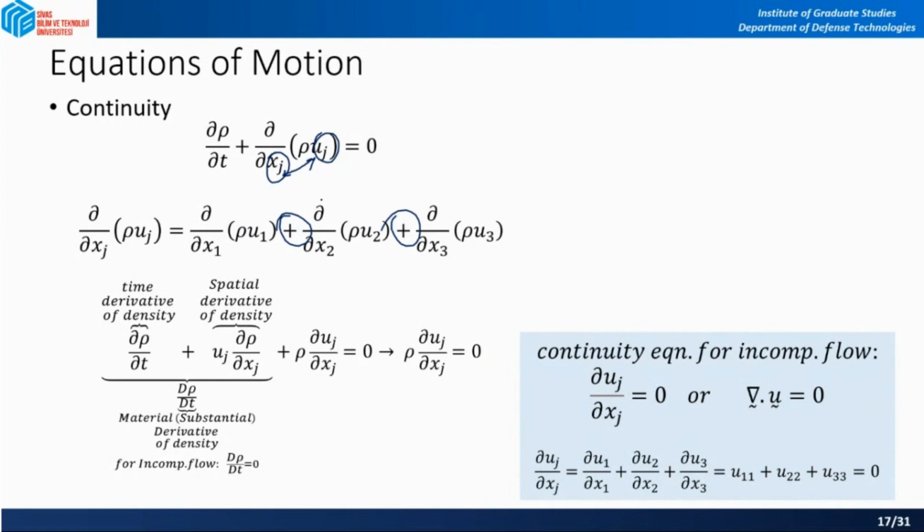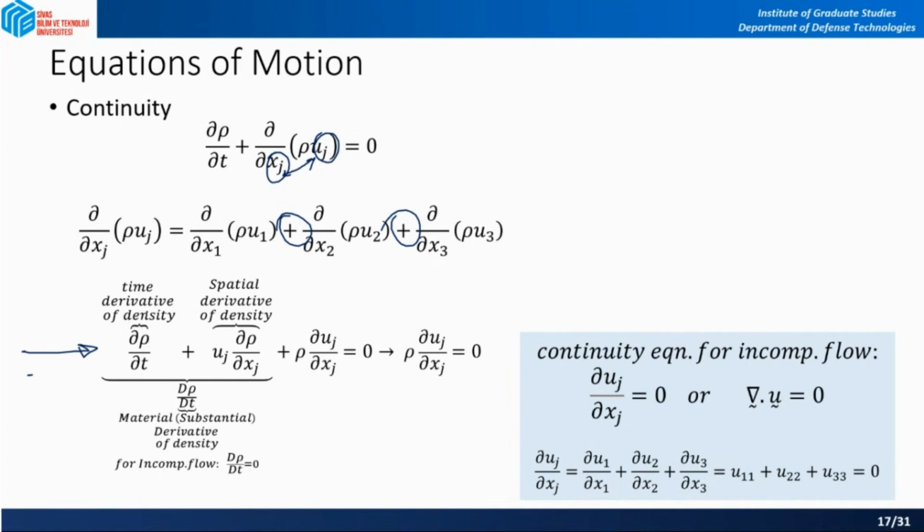In order to understand the concepts, we will first restrict ourselves to the incompressible flow region. This continuity equation is valid for incompressible and compressible flows. And if you write it for incompressible flow, you can have such an equation in here.